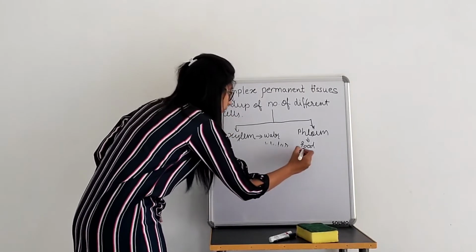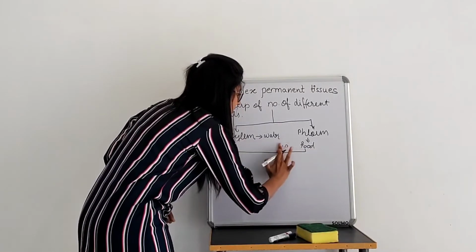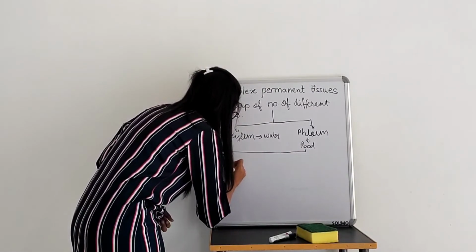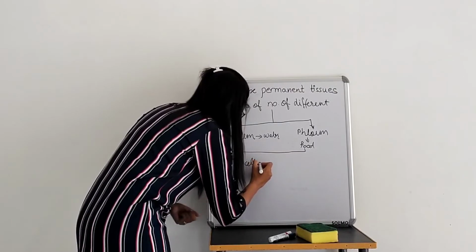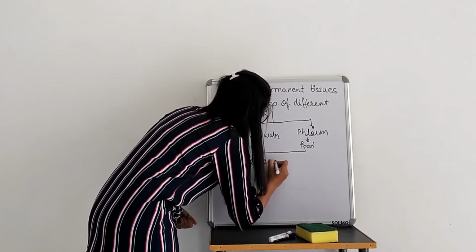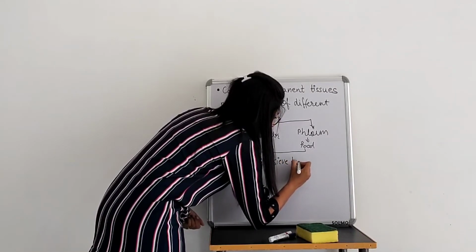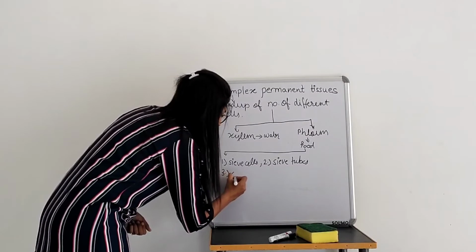The first type of cell which is going to be present in the phloem is going to be sieve cells. Second is going to be sieve tubes. The third type is going to be companion cells.